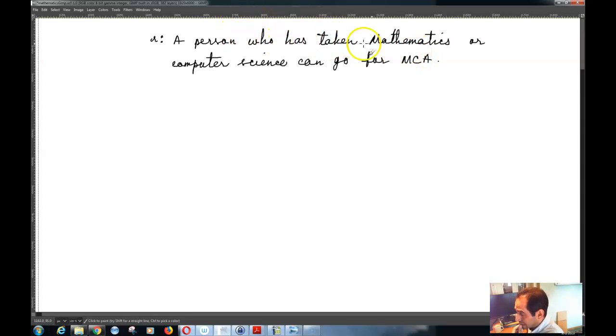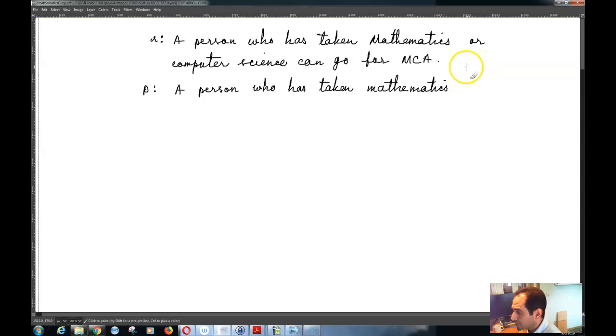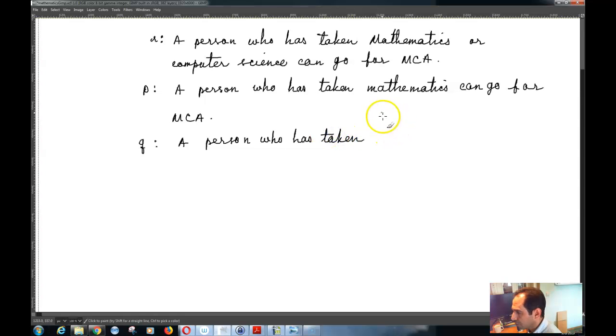So the components are P, a person who has taken mathematics can go for MCA, and Q, a person who has taken computer science can go for MCA.